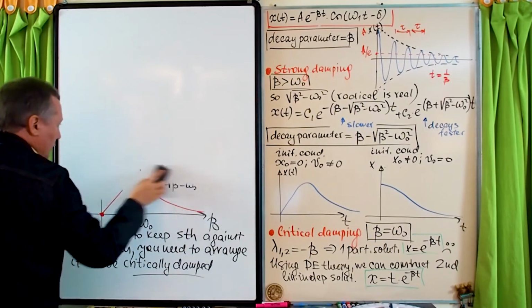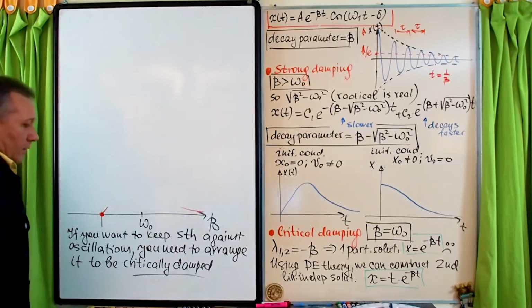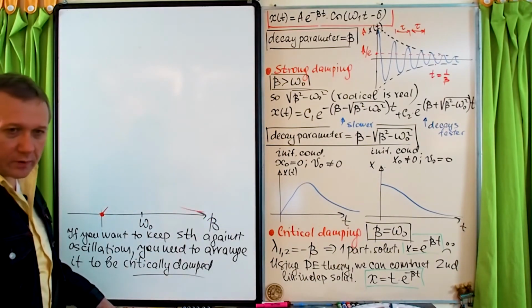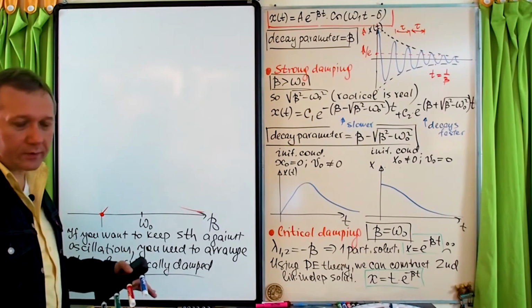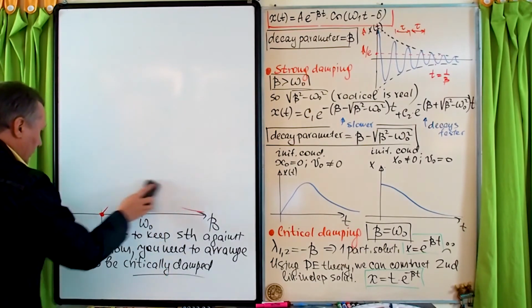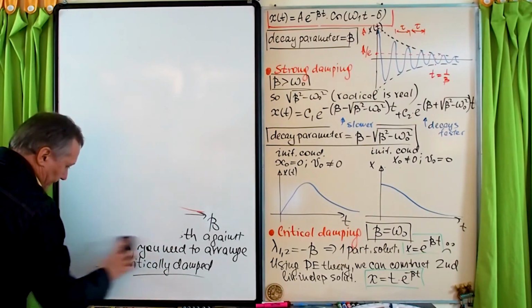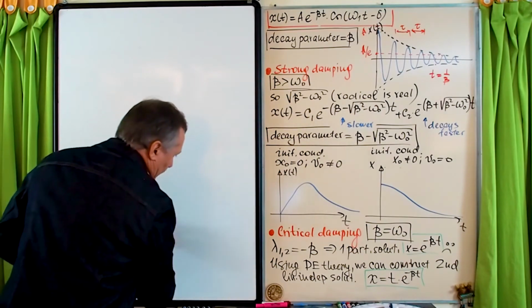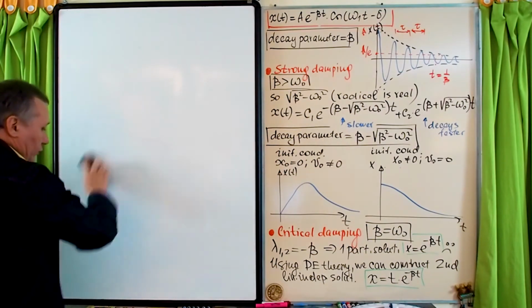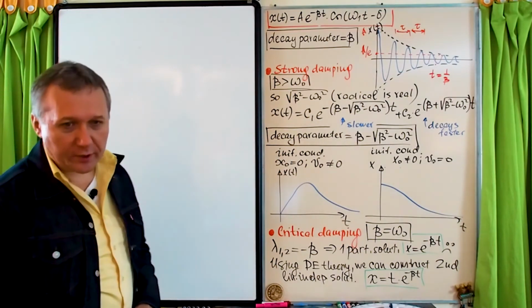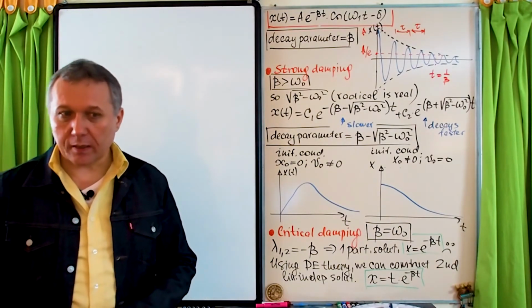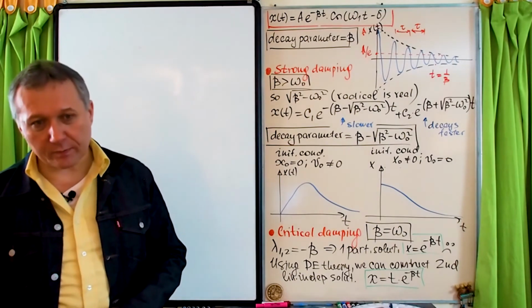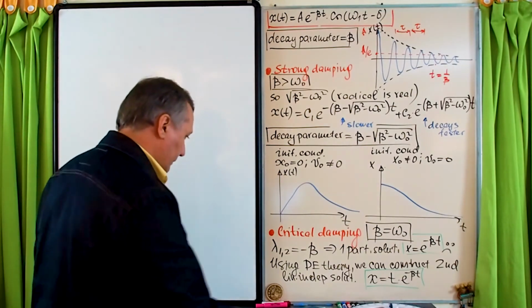And again, remember, when you expose the system to a damping force, the frequency is going down, and of course the period becomes longer. So as a result we have two frequencies: omega naught, the natural frequency, if the system is not exposed to any damping forces, and omega 1, if the system is exposed to a damping force.